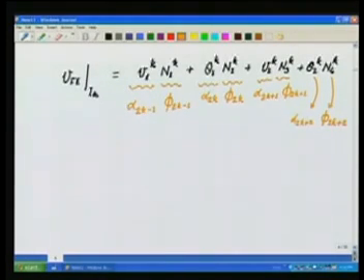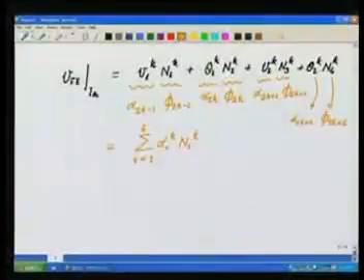So we could also write that this is equal to, at the element level, by renaming V1 k and so on, sum i equal to 1 to 4 alpha i of k N i of k. If I do this convention of renaming V1 of k as alpha 1 of k, theta 1 of k as alpha 2 of k, V2 of k as alpha 3 of k, and theta 2 of k as alpha 4 of k.